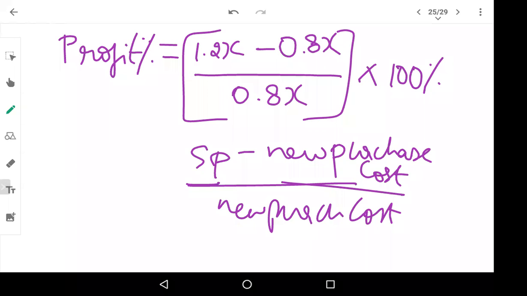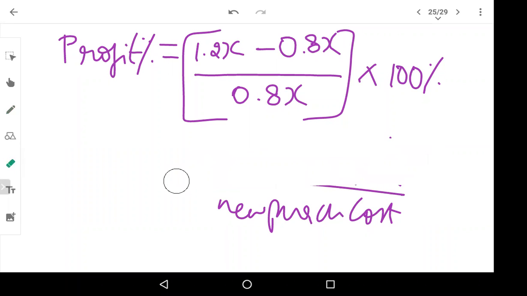If you take out the selling price and the new purchase cost, you will get the profit. And then to get it into percentage, divide that by the new purchase cost into 100. So you will get the profit percentage.